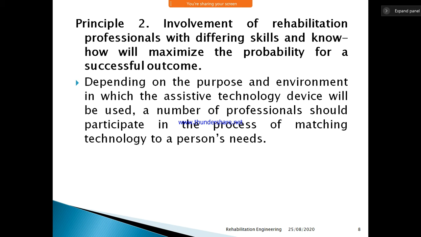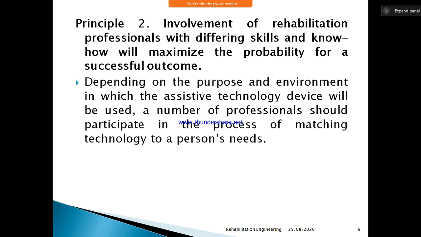Based upon the person's or the patient's goals, needs, and tasks, you need to analyze what kind of need that particular person has, what task, what need. Then only you go for the further process. So the user's goals, needs, and tasks must be clearly defined, listed, and incorporated as soon as possible in the intervention process. That's the first principle.